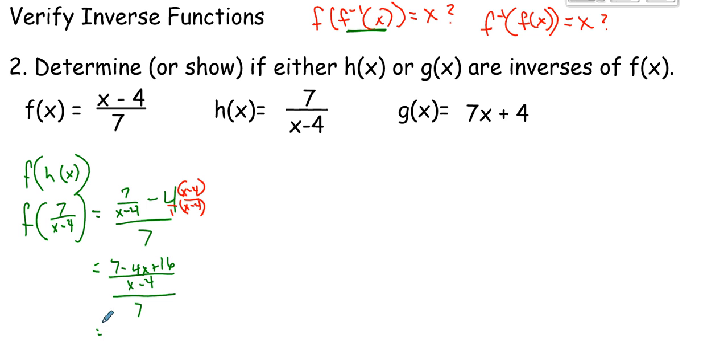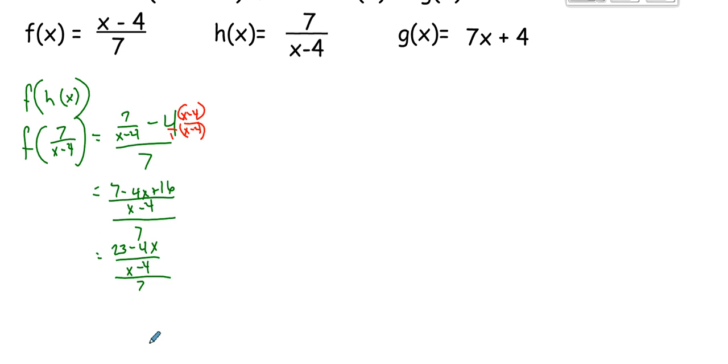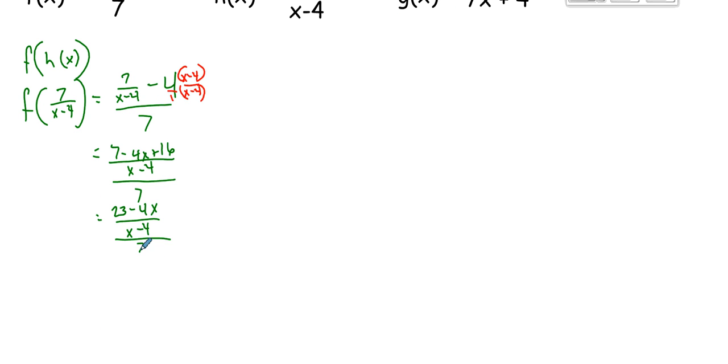When I do that, I get 7 and 16 is 23 minus 4x over x minus 4, still all over 7. Then I'm going to invert and multiply, so I'm going to scratch that out and multiply by 1/7. I'm not even going to have to really figure that out: 23 minus 4x over x minus 4 times 7.